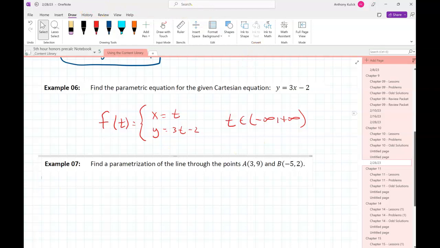What's one way you could do this? You could write the equation for the line that passes through these points, right? Using slope intercept or point slope or whatever formula you liked, and do the same thing we just did.